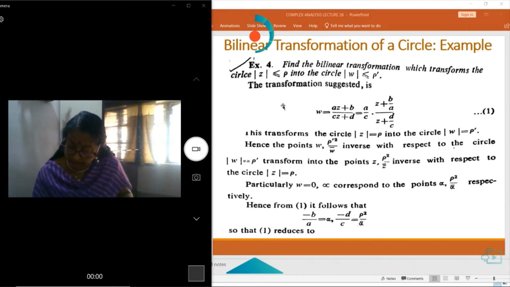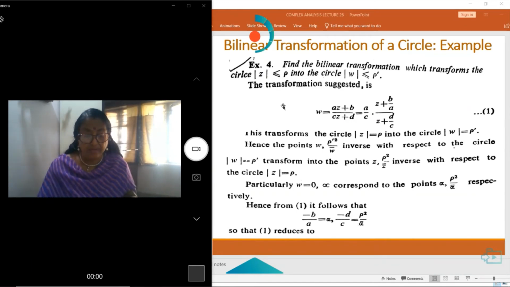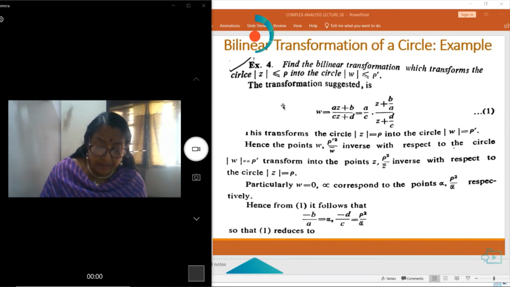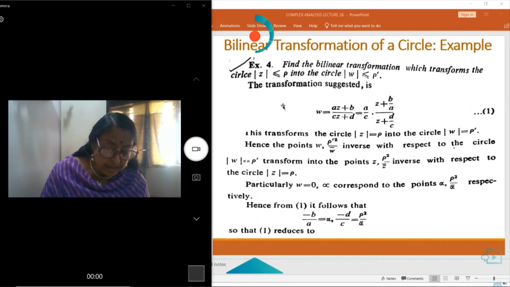This transforms the circle |z| equal to rho into the circle |w| equal to rho dash, that is, from circle to circle.